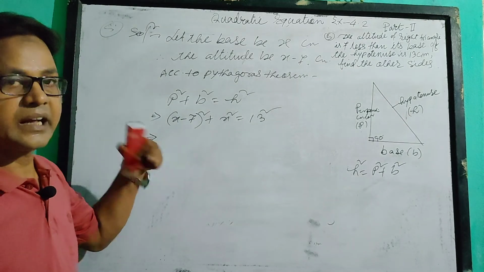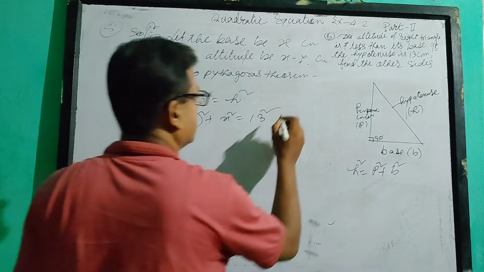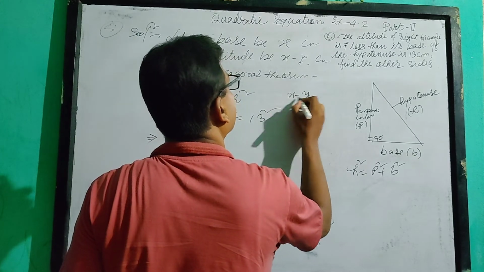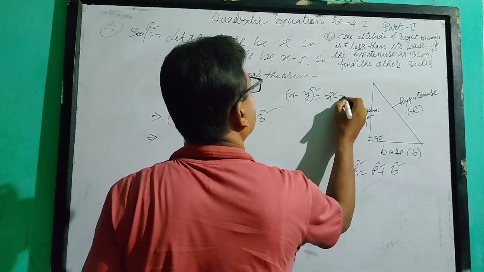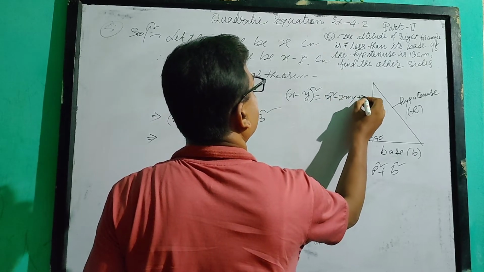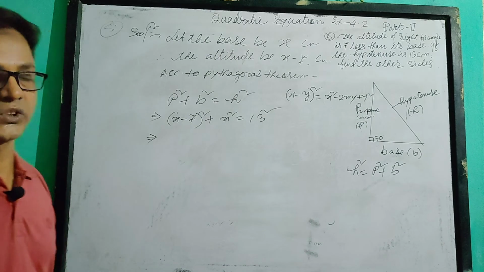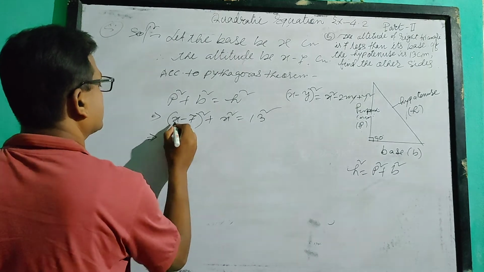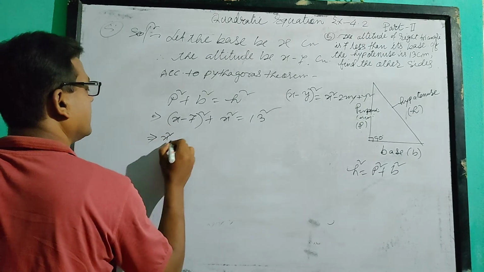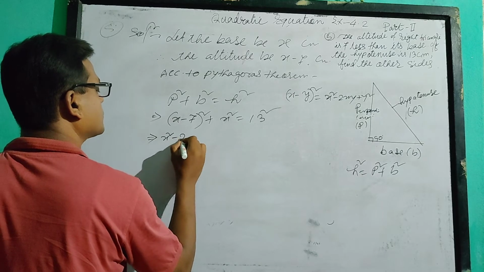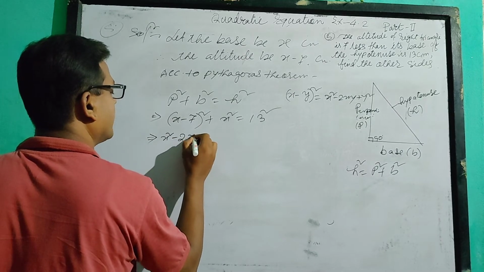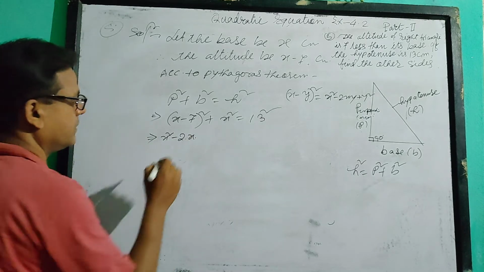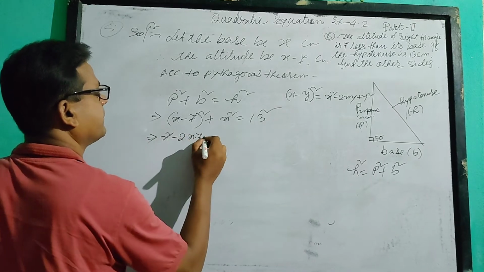Here is an identity: (x minus y) whole square is x square minus twice xy plus y square. First term square, minus 2 first term into second term, plus second term square. First term is x, second term is 7.